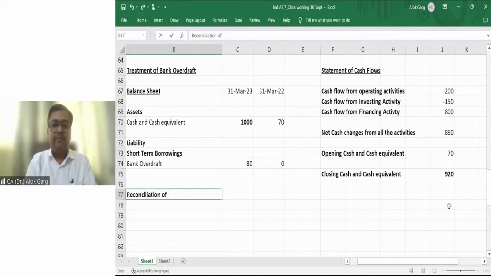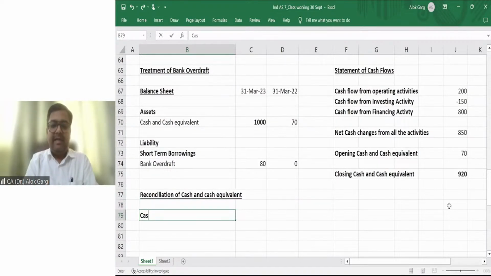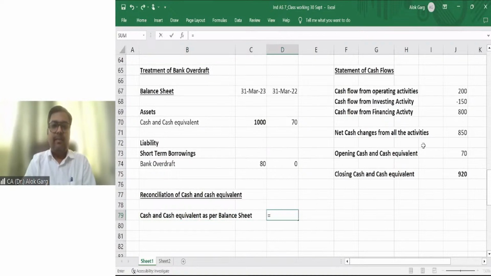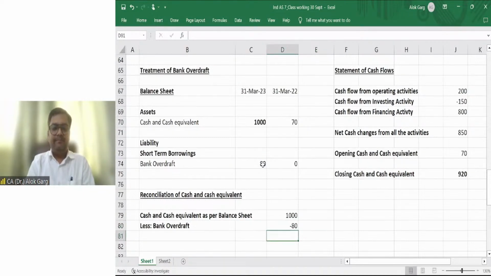Reconciliation of cash and cash equivalent. You need to write cash and cash equivalent as per balance sheet, 1,000. Less bank overdraft, 80.